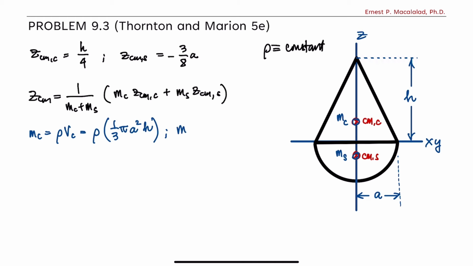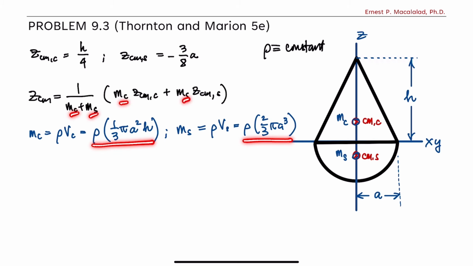Meanwhile, the mass of the solid hemisphere is equal to rho times the volume of the sphere divided by 2. So this becomes rho times 2/3 pi a cubed. So we now substitute this and this to our masses earlier.